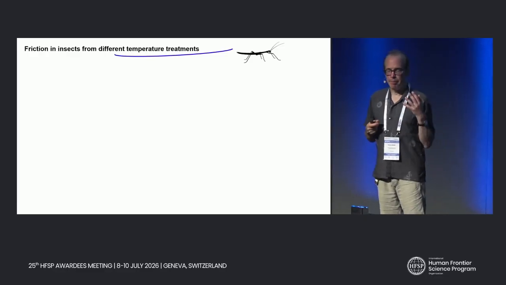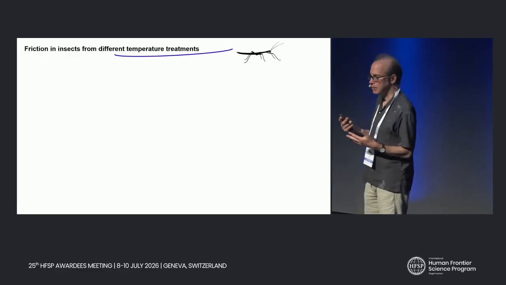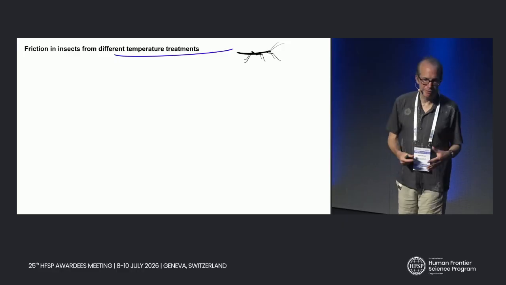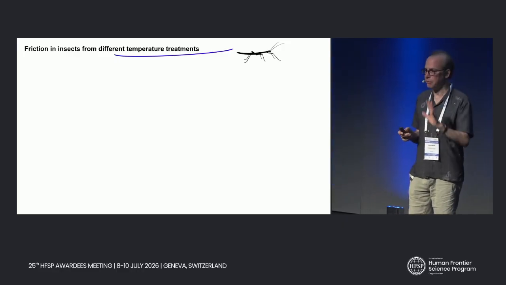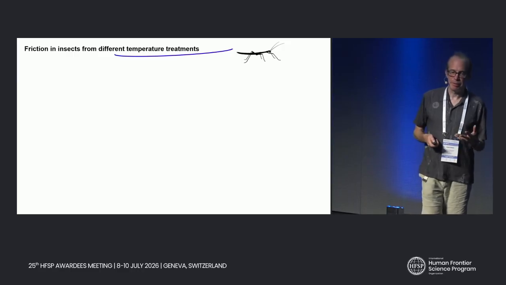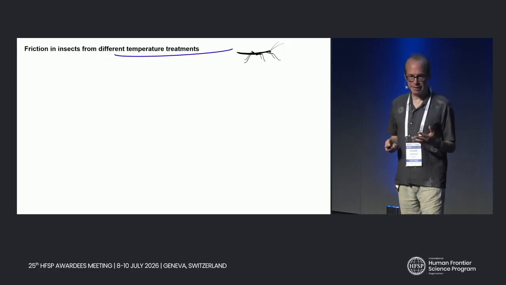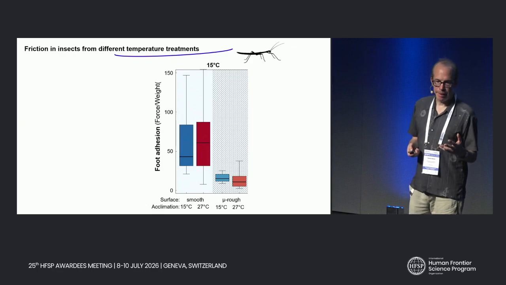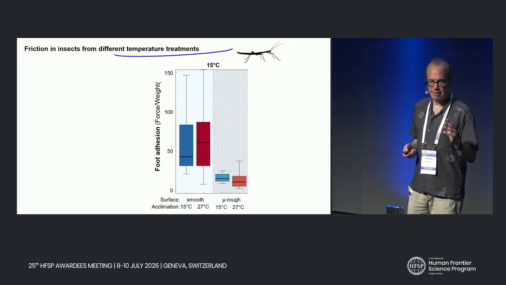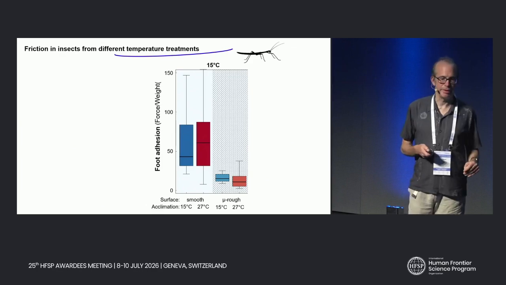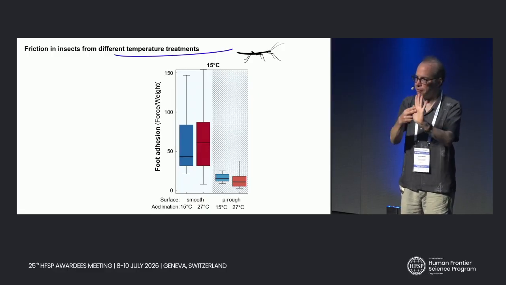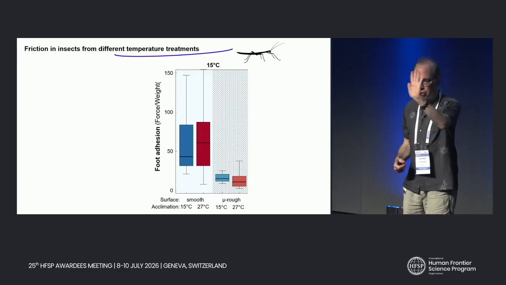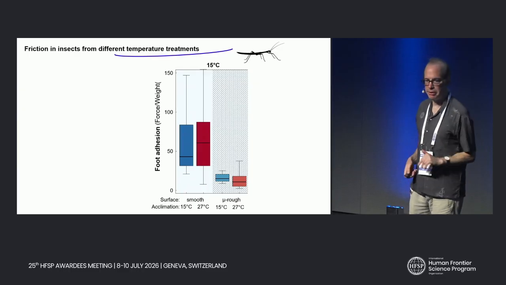Yeah, but friction is not only bad. So it's not only about lubricating and getting rid of friction. You also need it in order to adhere to a surface, for foot adhesion. We did that some years ago with the stick insects, where we kept stick insects at 15 degrees and at 27 degrees. And you see at very smooth surfaces, the contact area of the foot and the surface is high enough, so you get quite a good adhesion, which you see here on the left.